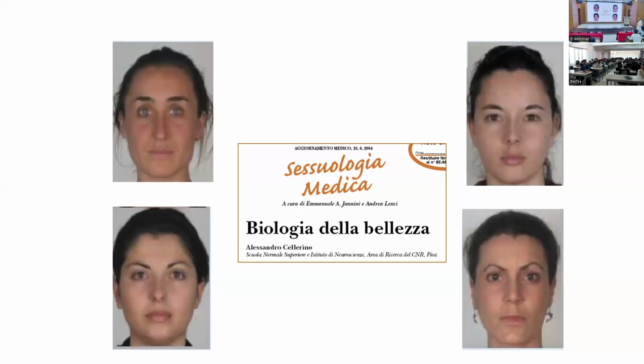Look at what happens when we collect these 4 pictures together with the computer, creating a new, synthetic one, which is simply the sum of these 4 faces. This is the result, which is the characteristic of this new face.